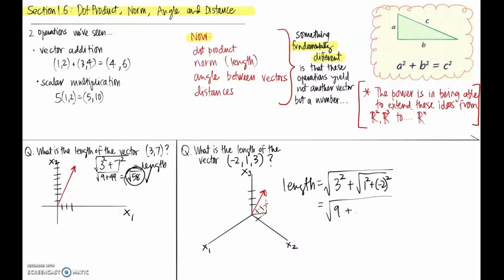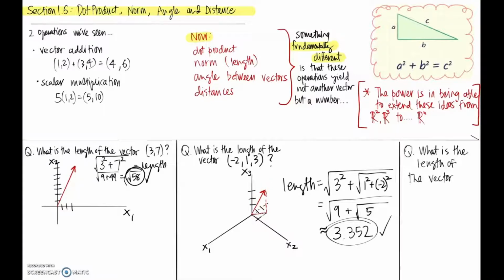So 9 plus 5 under the square root will be some decimal number, and it looks like this ends up being about 3.352, which sounds reasonable. So that's the length of this three-dimensional vector here. Then the natural extension of these questions is to ask a question like, what is the length of the vector?